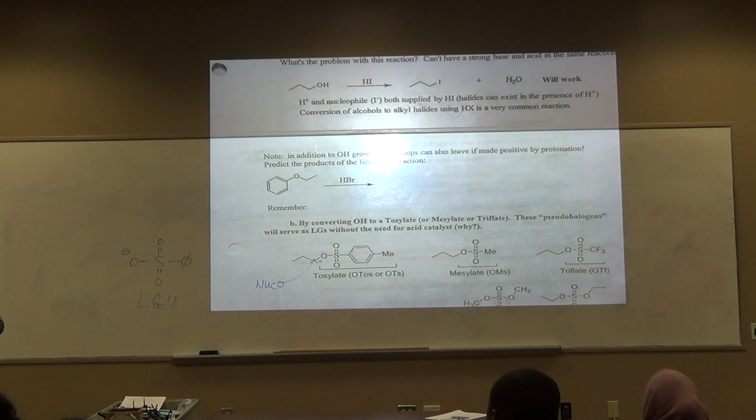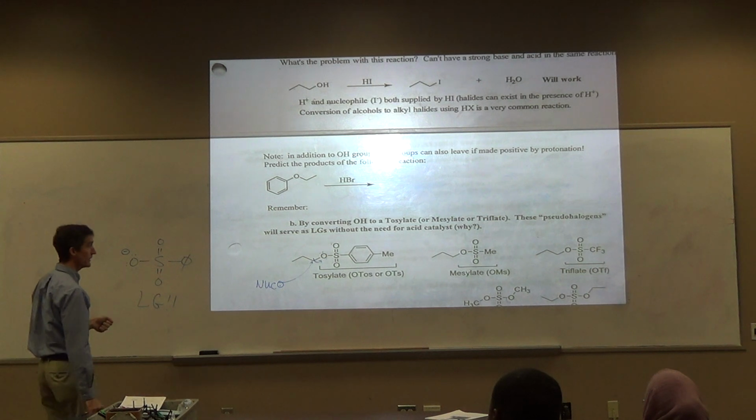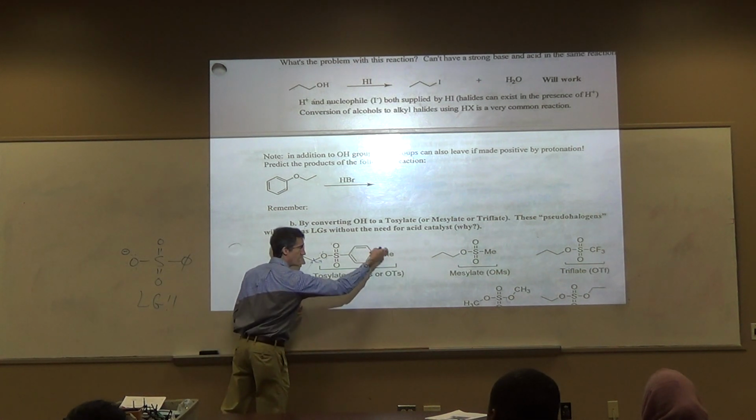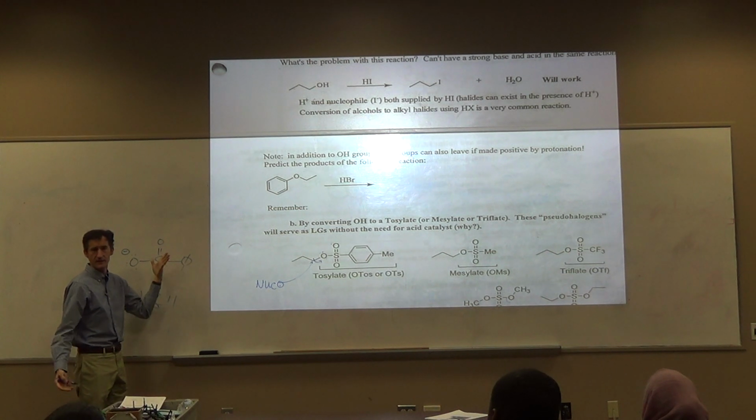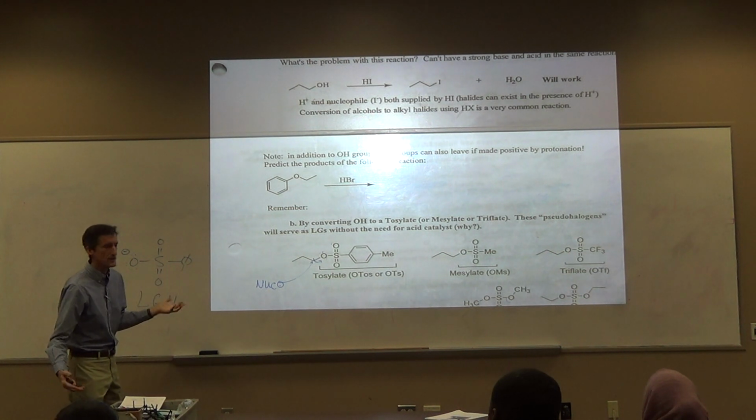Toluene sulfonyl. At some point that got shortened to tosyl. Everybody get it? Okay, that's where tosyl comes from. It's got the toluene group, designated for an aromatic, just like an R group.